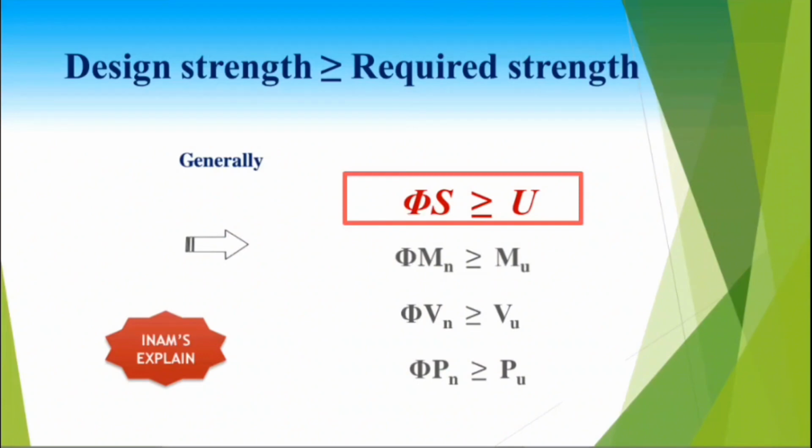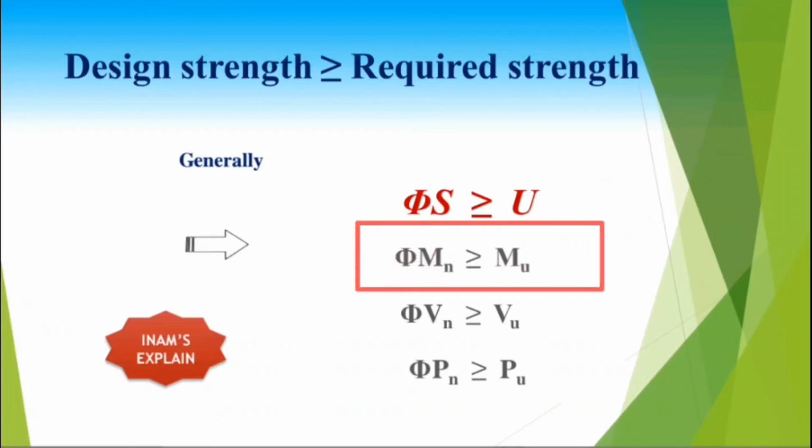In terms of moment, this equation will be that the nominal moment of any section multiplied by the strength reduction factor should be greater than or equal to the ultimate moment, the moment produced by the load effects, that is, the working load or applied load.